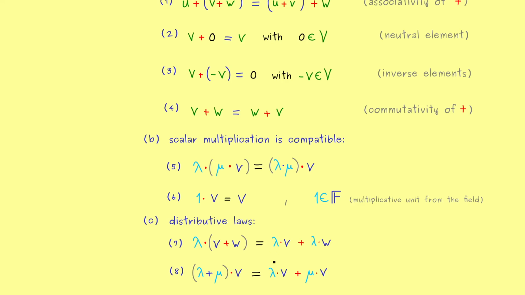And on the other hand, if you first add 2 scalars in our field F, it's the same as adding the scaled vectors. So you see, here it's important to note that the 2 plus signs denote 2 different operations. However, now we have learned that the rules of the vector space claim that the 2 different operations act nicely together. Okay, very nice. Now we have everything.